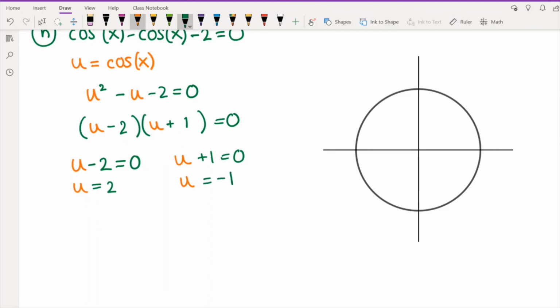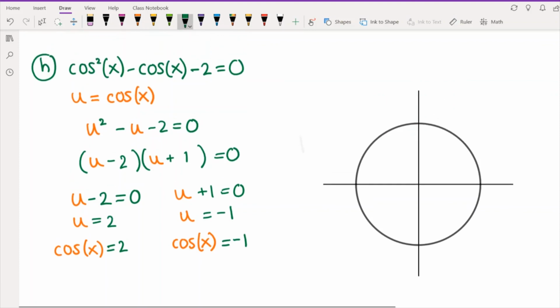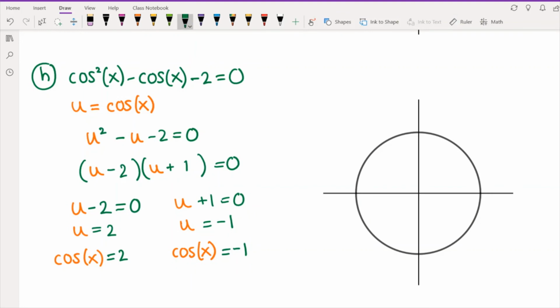Putting that back in terms of trig, that means we're solving two equations: cosine of x is equal to 2, and cosine of x is equal to negative 1. But if you don't care about doing this whole u thing, you don't have to. You really could have just factored this from the get-go, writing cosine of x minus 2 and cosine of x plus 1, and you would get the same answer either way.